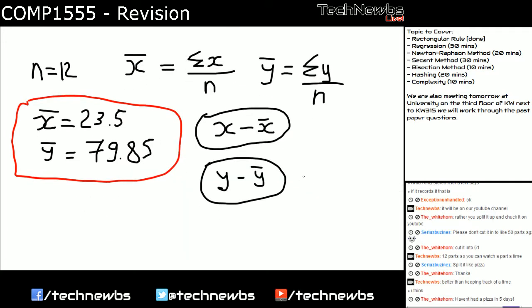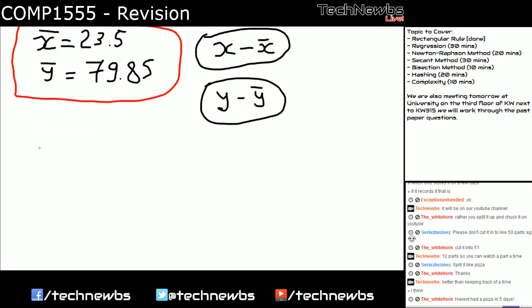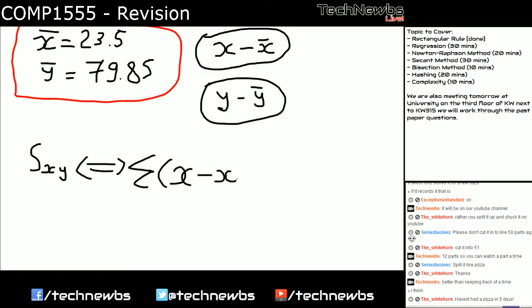Okay, now the next columns, because we have to find the Sxy, that is the same as the sum of x minus mean of x times y minus the mean of y. So it's the sum of these values times together.